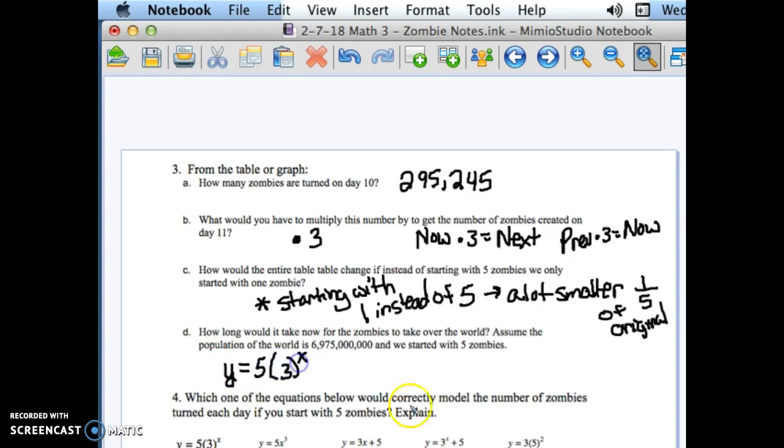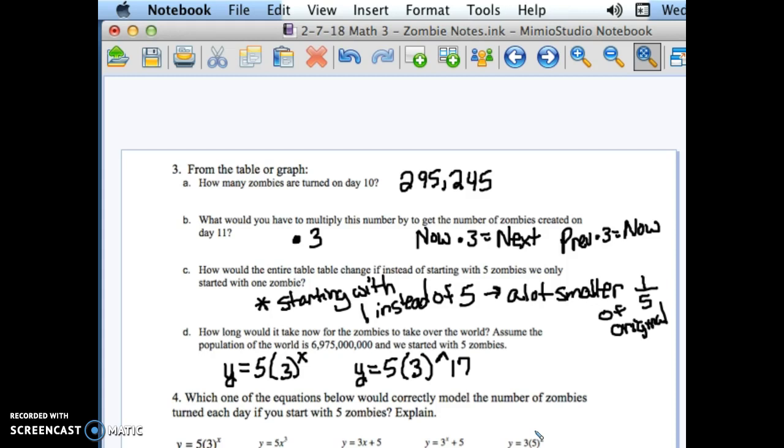So if we like this equation, what happens after 17 days? Everybody's got a calculator. How could we figure it out? 5 times 3 to the 17th. Calculator, what do you get? You get a really big number, but it's still not enough.